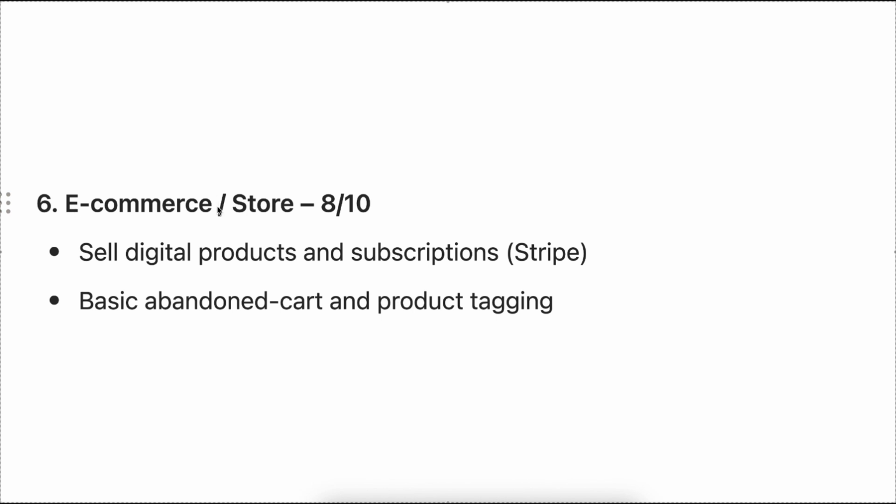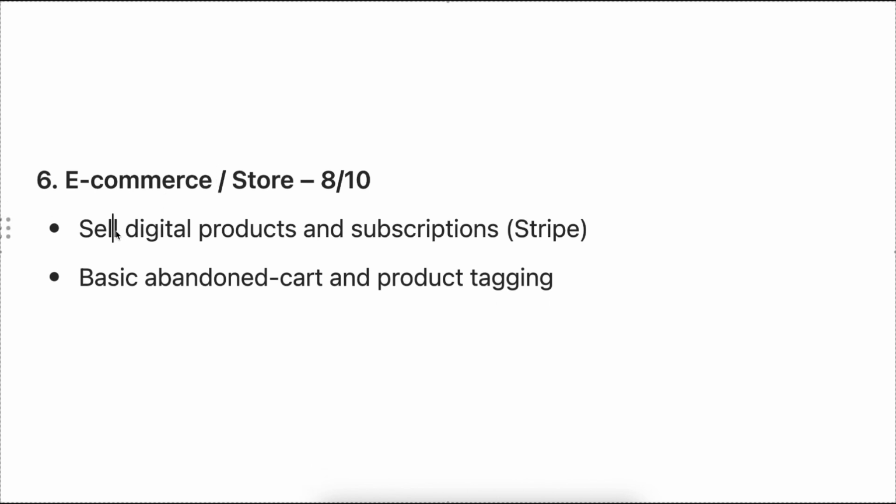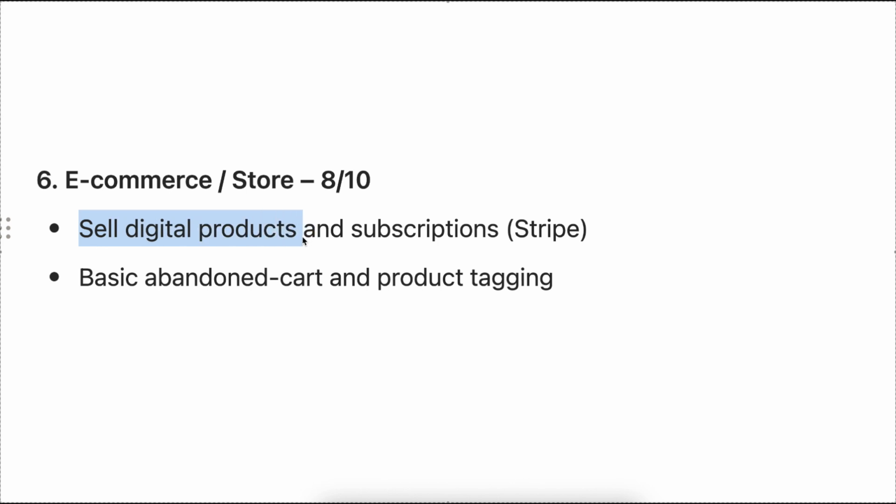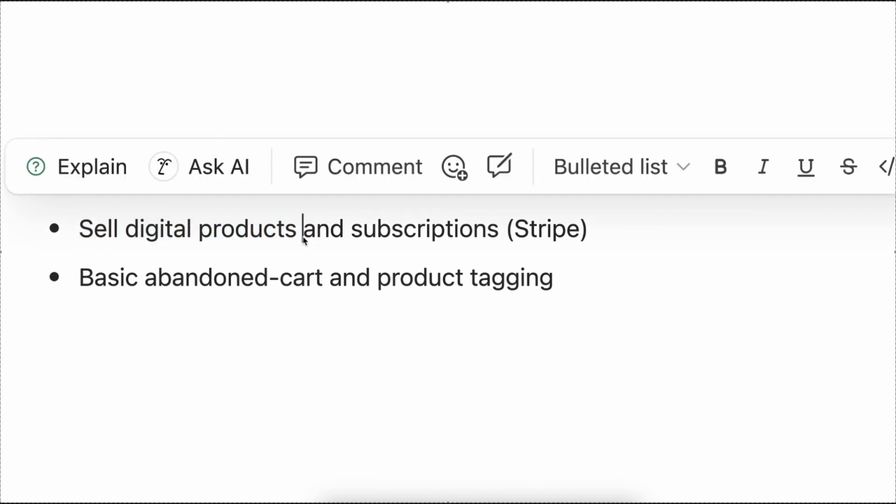When it comes to e-commerce, you have all of the basic integrations with WooCommerce, Shopify, all that. And also, MailerLite actually allows you, even if you don't own any store, to sell digital products just by using MailerLite.